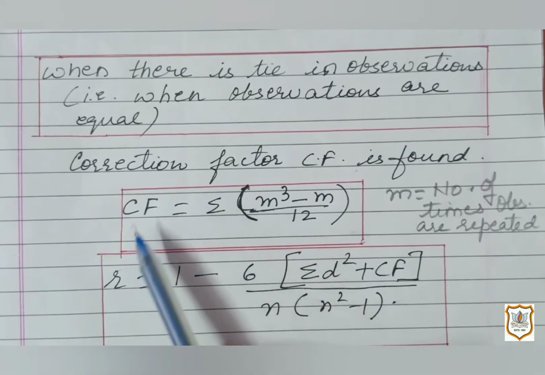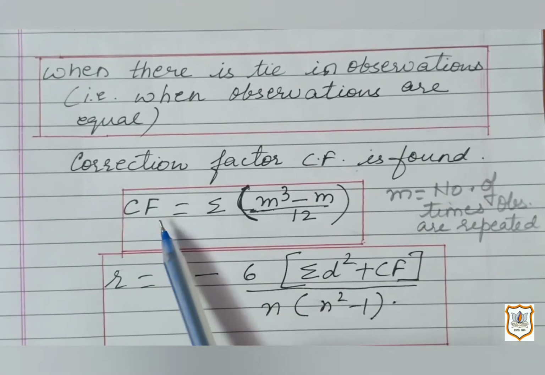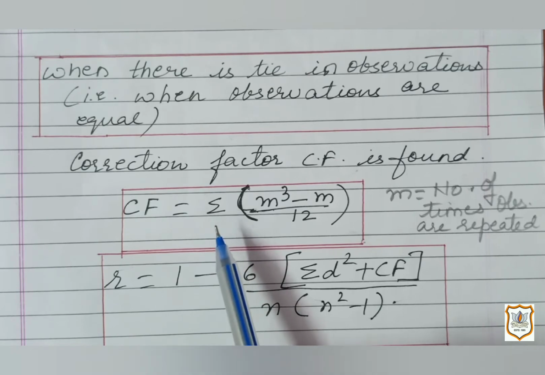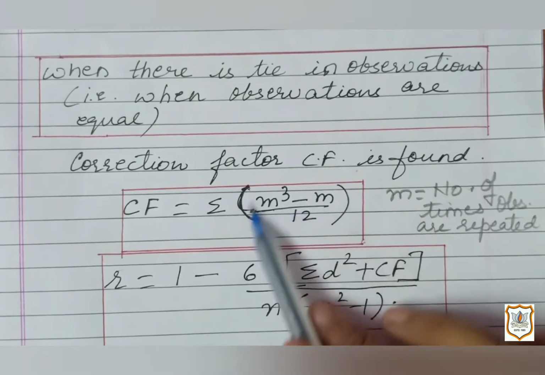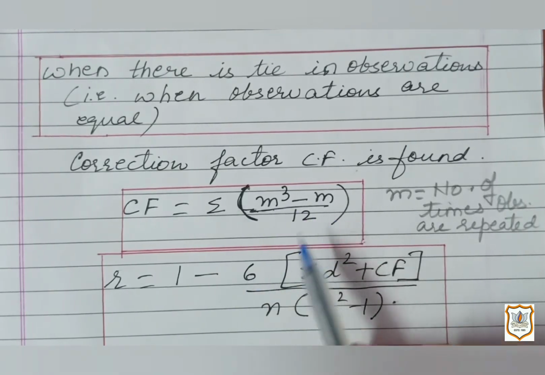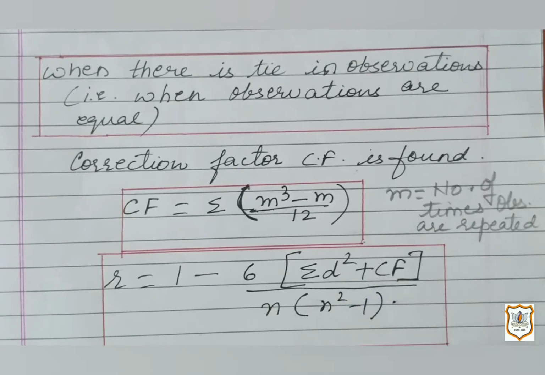Now the correction factor is denoted by CF and its value is given as sigma m cube minus m divided by 12. What is the meaning of m? M means the number of times an observation is repeated, that we are supposed to find.